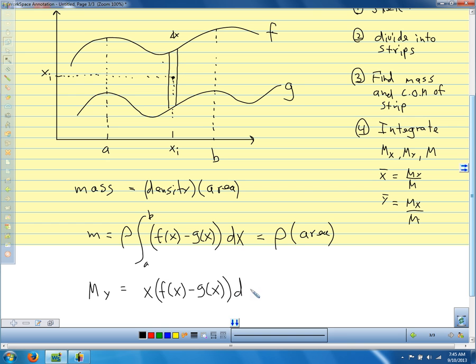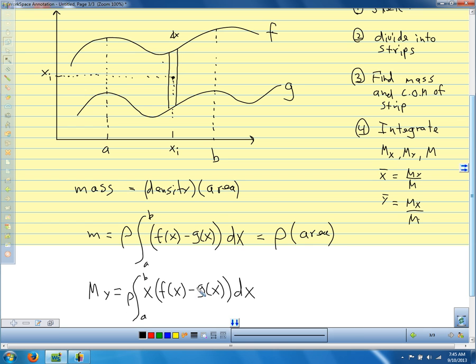The area is dx units thick. So f of x minus g of x dx is the area of the little rectangle. X is its distance from the y-axis, right? So we're just going to integrate from A to B. Put the density out here because we're taking into account the mass.